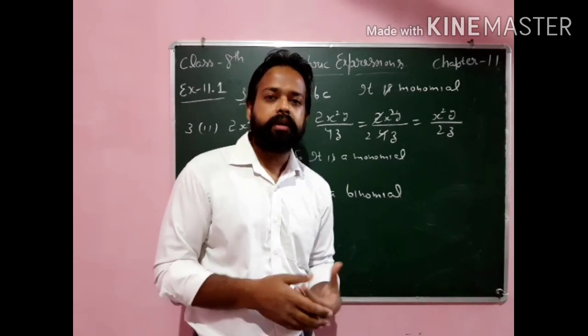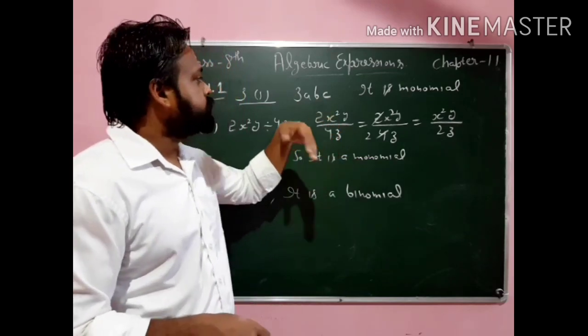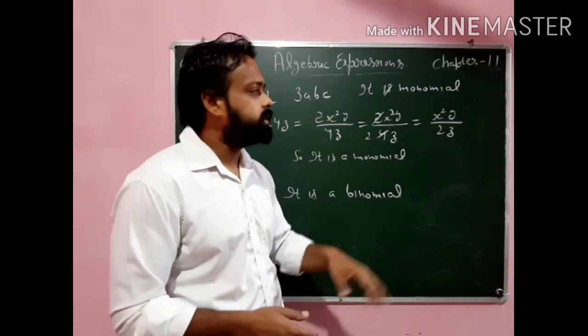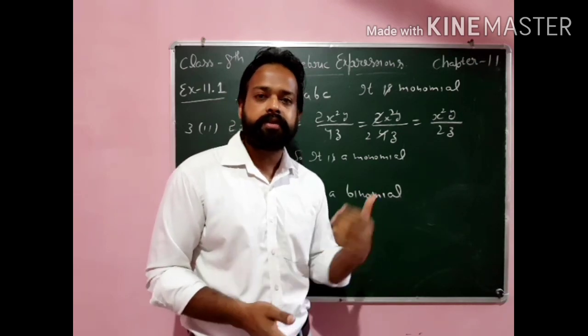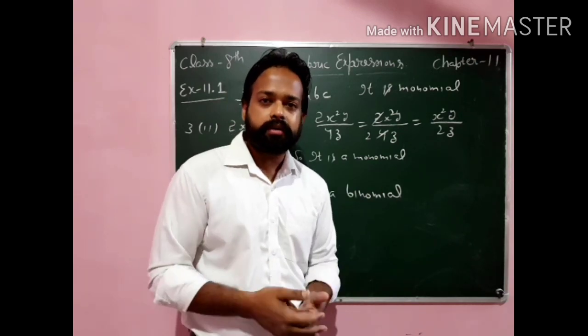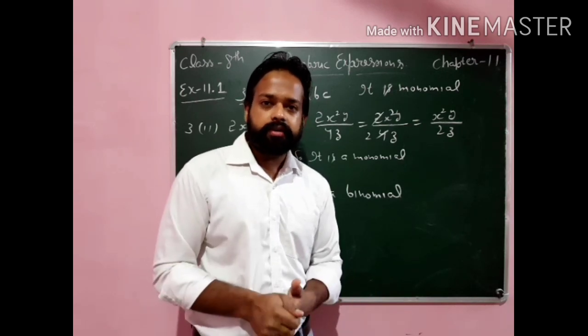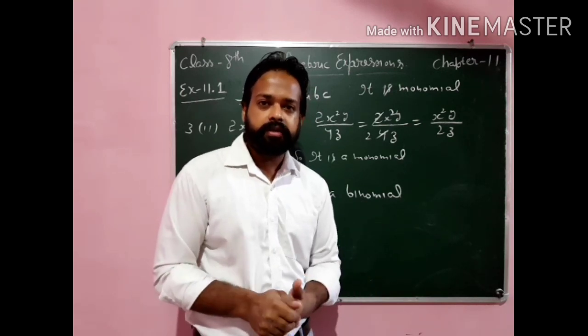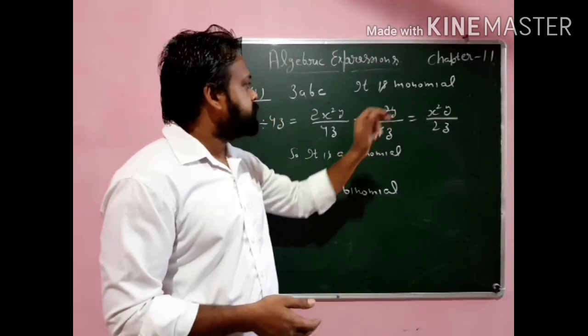So here only a single term is there, 3abc, so we can directly write it as a polynomial. As I already explained before starting the topic, those polynomials which have only a single term are called monomial and those which have only two terms are called binomial. So you can directly write it, it is a monomial.